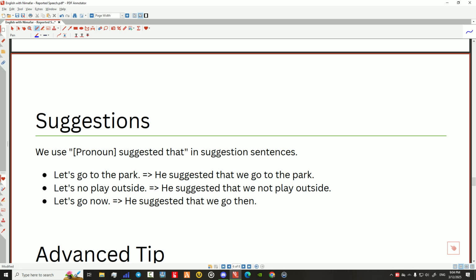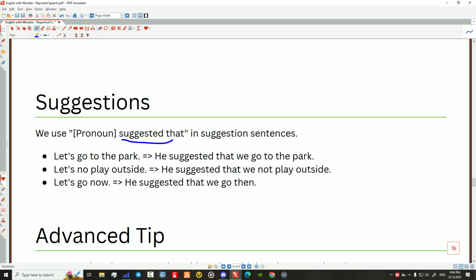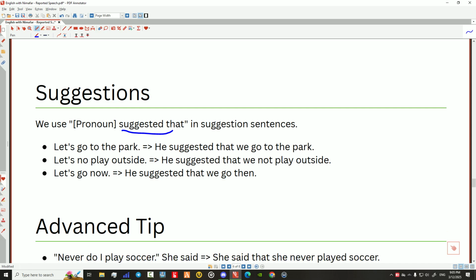Next one is again easy. We use suggested or suggested that. We always use this one. Let's go to the park. He suggested that we go to the park. Let's not play outside.